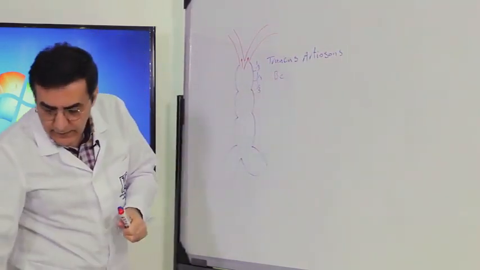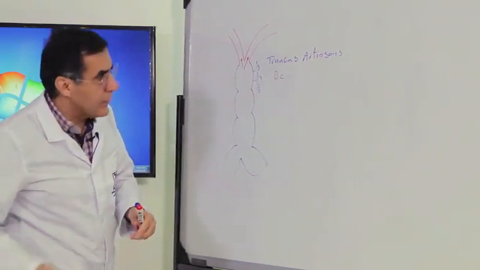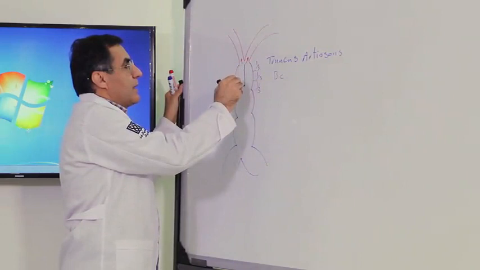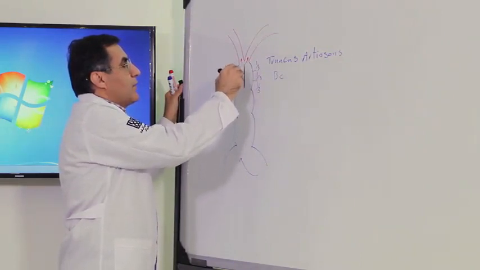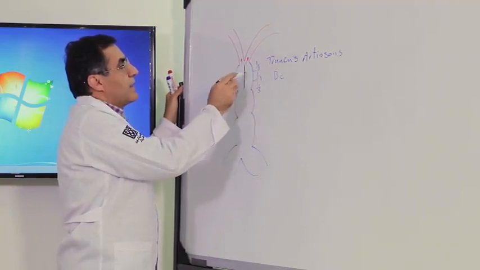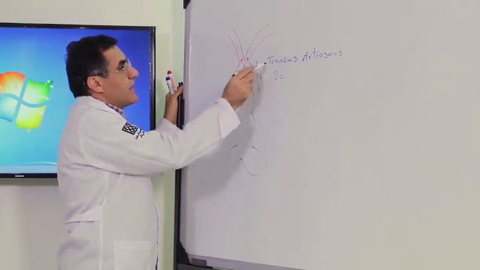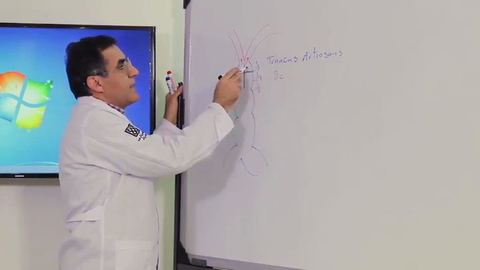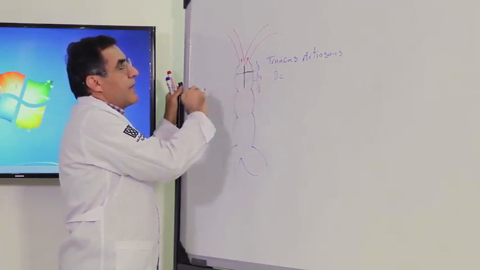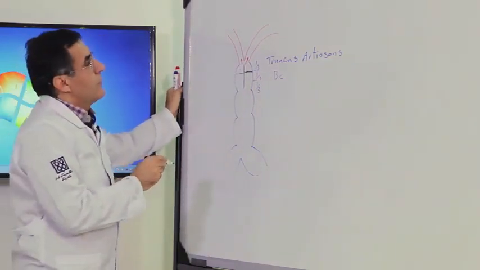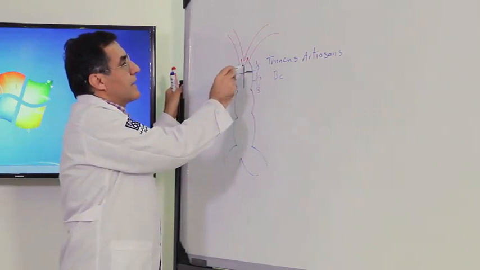As you know, during the formation of the heart tubes, two septa are formed here, the conotruncal septum, right and left. The one-third upper part on the left side makes the vestibule of the aorta, and the right side makes the infundibulum. It means the outflow of the right and left ventricles.